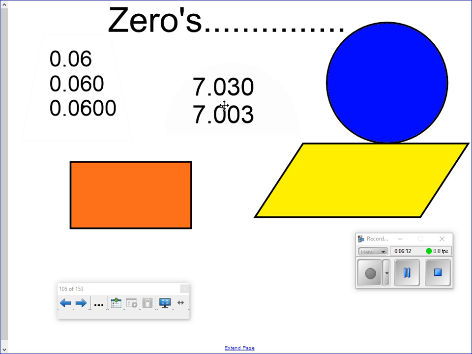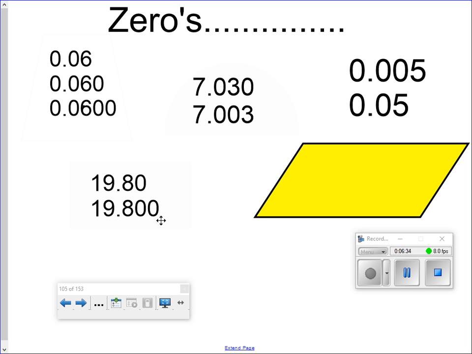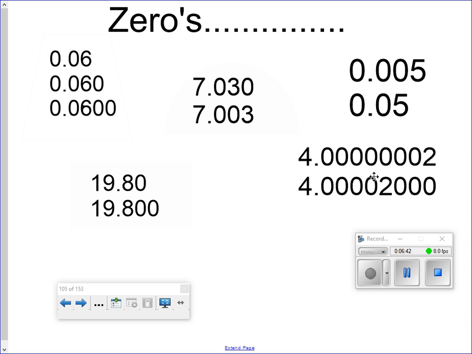Here, again, 7 in the ones, the zeros, but the 3s are in different places, so the top number, 7 and 3 hundredths, is greater. 5 hundredths is more than 5 thousandths. Zeros after the last decimal place value mean nothing, so these are equivalent. Here, although there are lots of zeros and only a 1, 2 in each number, they're not in the same location, so the bottom number here would have a greater value.